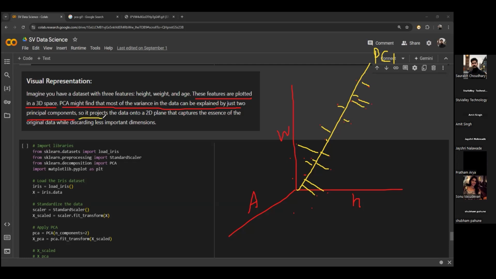So it projects the data onto a 2D plane that captures the essence of the original data while discarding less important dimensions.